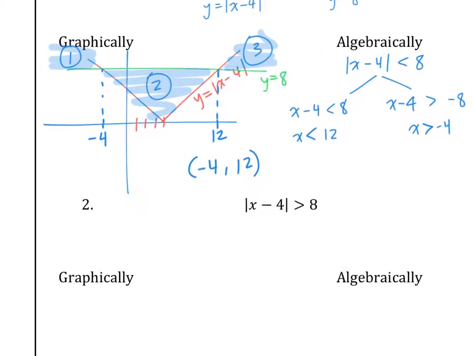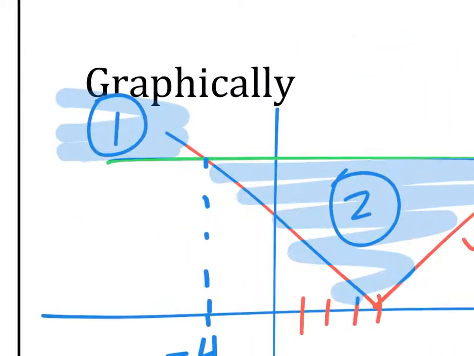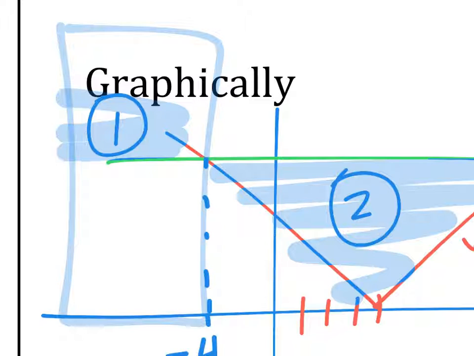So how do you write 1 and 3, those two intervals in interval notation? How do you write 1 in interval notation? Let's see. Sally, do you know? No? Okay, how do you write this part?